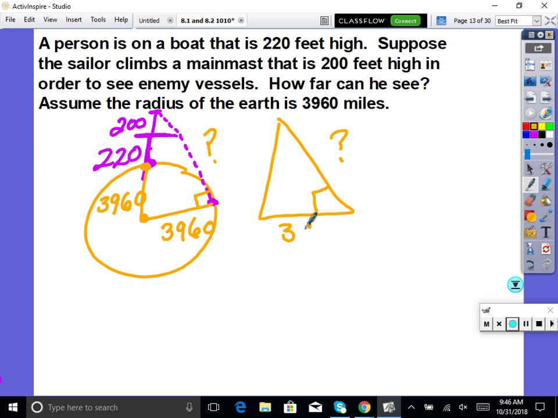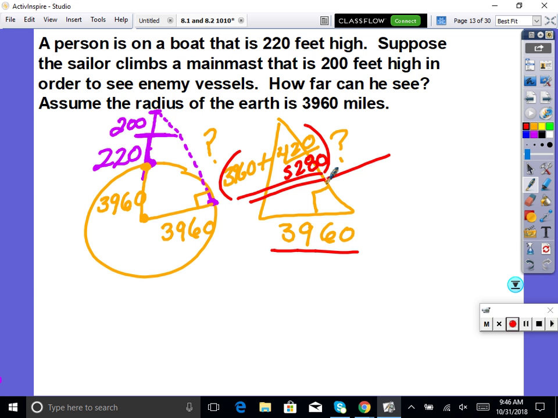This is 3,960, and then this is 3,960 plus 420 divided by 5,280. So now you'll do this squared plus this squared equals this squared, and it would just be the same thing. Calculate the decimals, go for it.